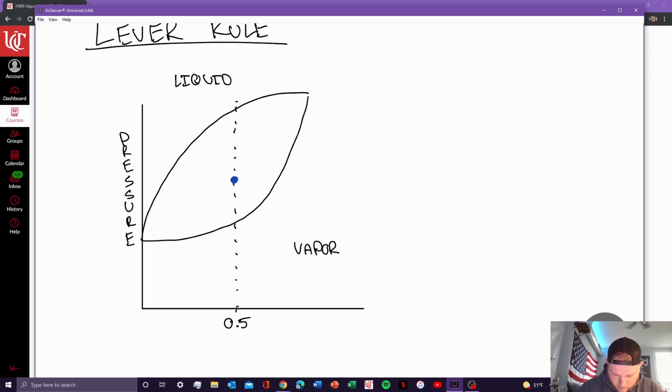To the right lies our vapor dew point equilibrium line, and to the left lies our bubble point.